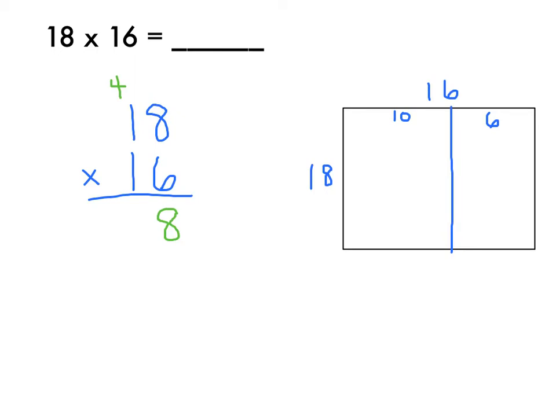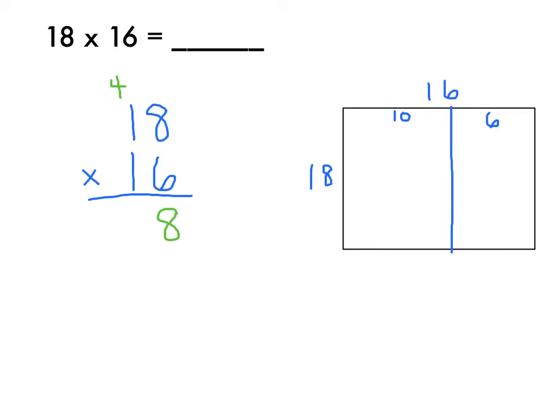Now my next step is to do 6 times 10. I know that this is a 10, but for right now in the algorithm, I just need to think about them as digits. So 6 times 1 is 6, plus 4 is 10.